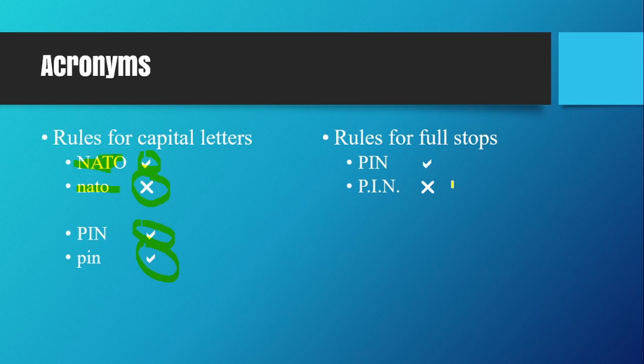Therefore, we write it as pin, not as P full stop I full stop N full stop. Okay, so pin without full stop is correct, and pin with full stops is incorrect.